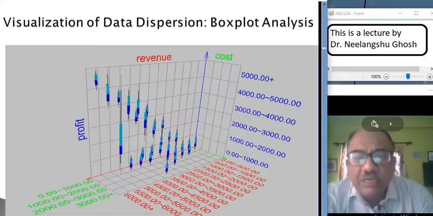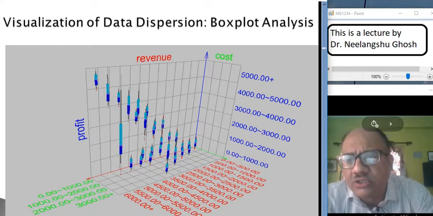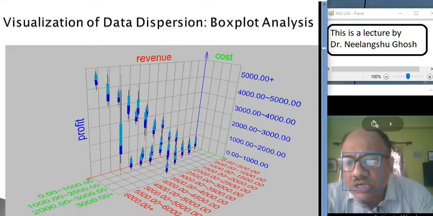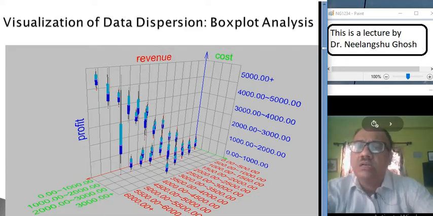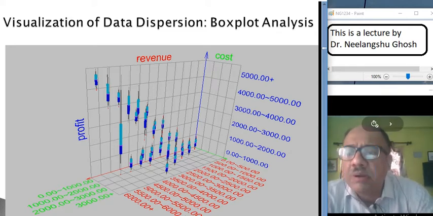So in the next slide also, here the top light blue color is the 75th percentile, or Q3, quartile 3. The deep blue color is quartile 1, and then down here there are red dots. The red dots are your minimum, and the upper value is the maximum.